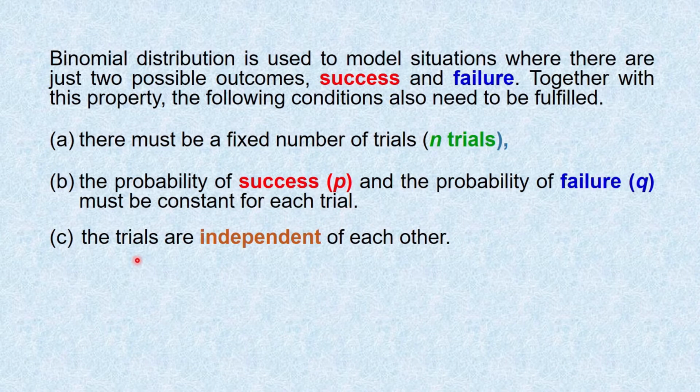C, the trials, the experiments, are independent of each other. Okay? So these are the three conditions that you need to consider. There are n trials. Each trial has two outcomes, either success, that is P, or failure, that is Q. And each experiment must be independent of each other.